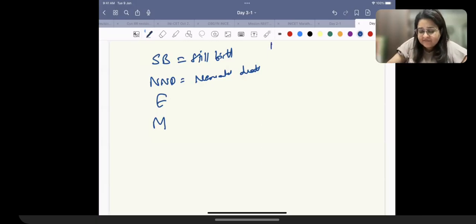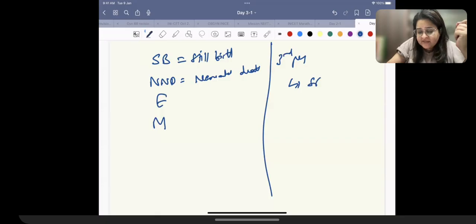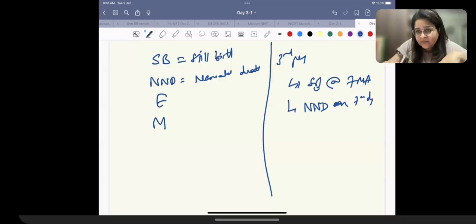If I give you a question, say this is her 3rd pregnancy. In the first pregnancy she had a stillbirth at 7 months of amenorrhea. In her second pregnancy she had a full term birth, but the baby died on the 7th day, so neonatal death on the 7th day. And this is her 3rd pregnancy. She is currently 12 weeks pregnant.